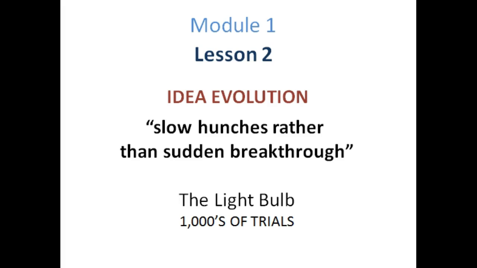Lesson number 2, idea evolution. Benjamin Franklin was one of the original creators of the term slow hunches rather than sudden breakthroughs. Now, the best example of this concept of idea evolution is the light bulb.